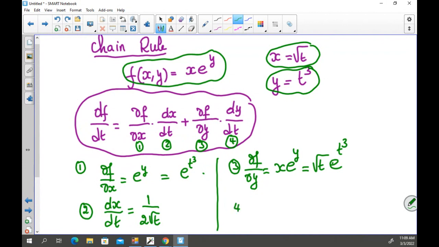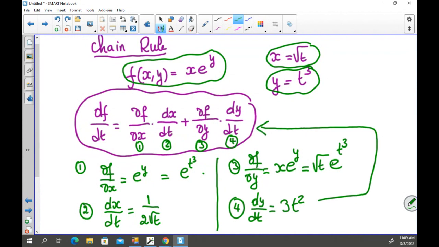And finally, dy over dt. What is dy over dt? 3t squared.